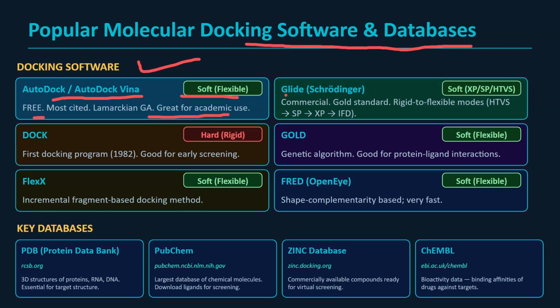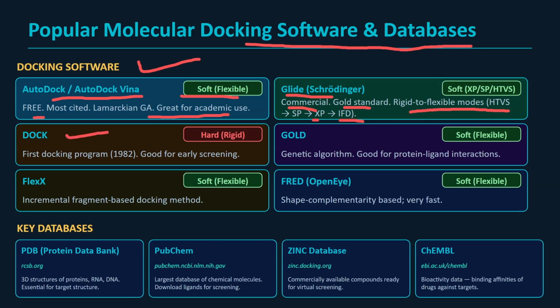Another one is Glide, which is from Schrodinger. This is a commercial software and a gold standard. It has multiple modes like HTVS, or high throughput virtual screening, for fast rough screening. SP stands for standard precision, XP for extra precision, and IFD for induced fit docking, the most accurate.